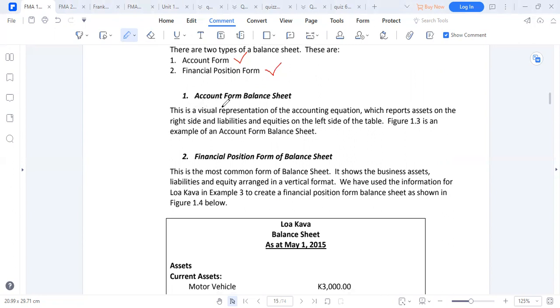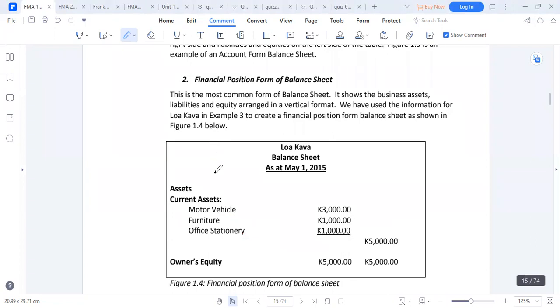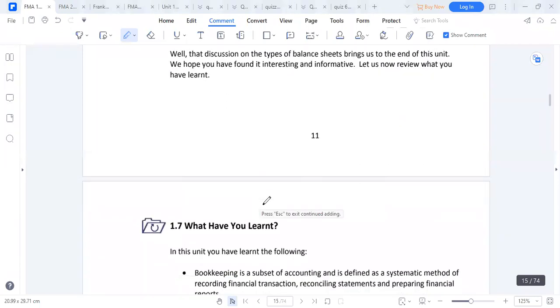The account form simply reports the assets on the right side, the liabilities on the left side. Then we have the financial form, which looks like this. It's a common form that is used when you're dealing with the vertical analysis of our balance sheet. I'll discuss this at length when I start looking at these books.